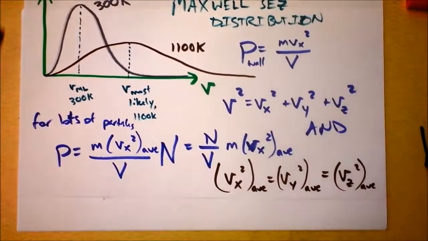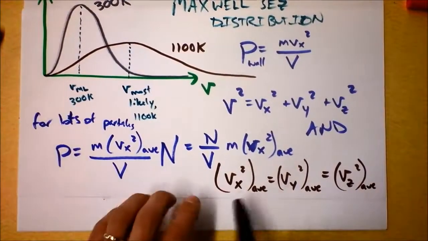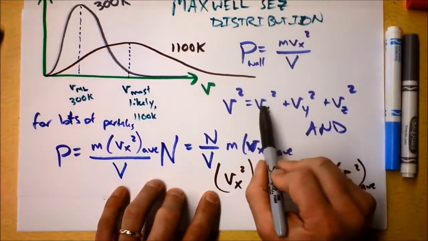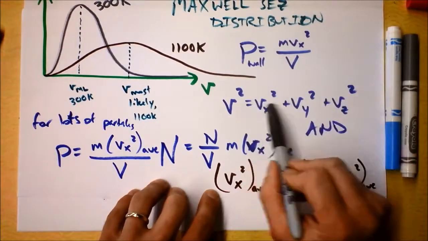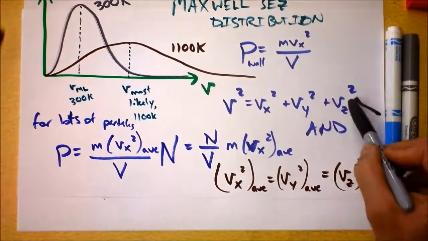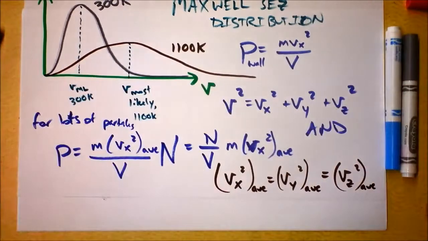All right, so the point is, if each of these are equal, and if I want the average of this, then the average of this is just 3 times this average, because these directions are all equivalent.